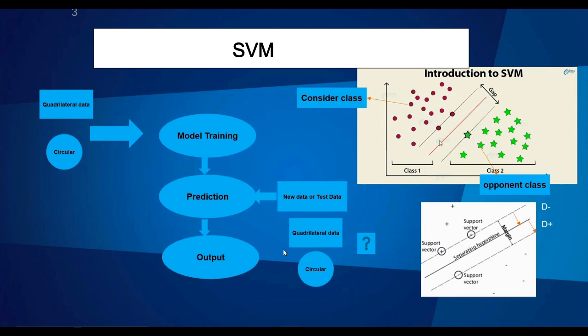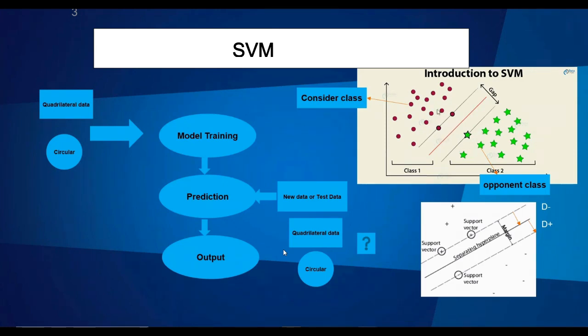The next thing is we have to create two boundaries between the two classes. How is this classification done? It takes a line. Whatever is your consider class and your opponent class, there should be some values coming near to those classes.